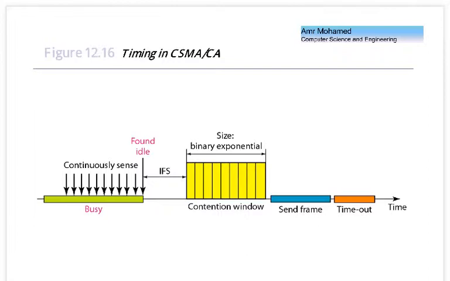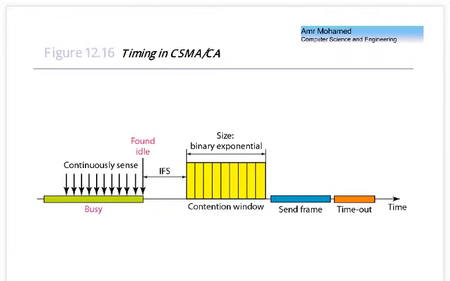So if the channel is idle after the contention, if I continuously sense the channel and discover that the channel is idle, then and only then I can send the frame. Okay? When I send the frame, there's no way for me to detect whether there is a collision during the transmission of that frame, unlike CSMA/CD.